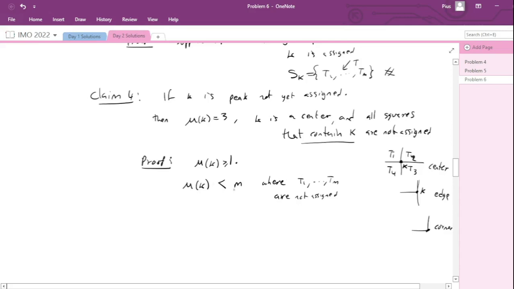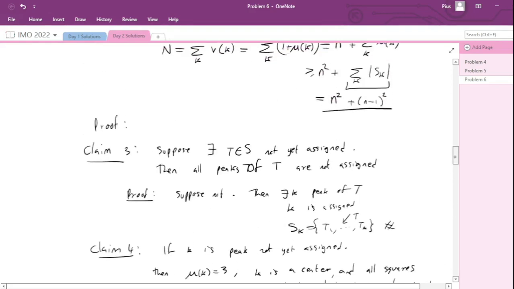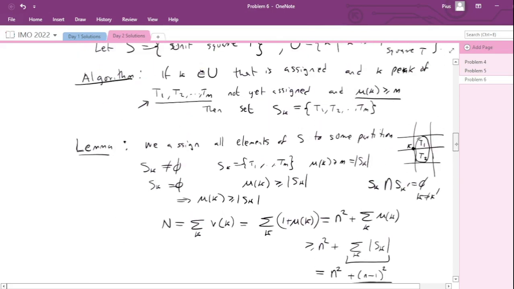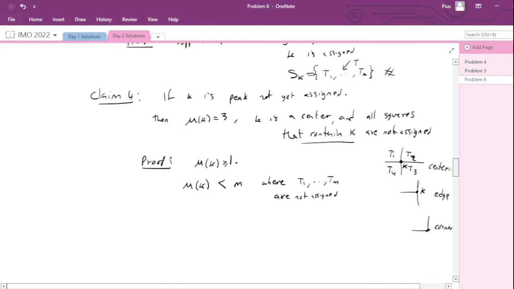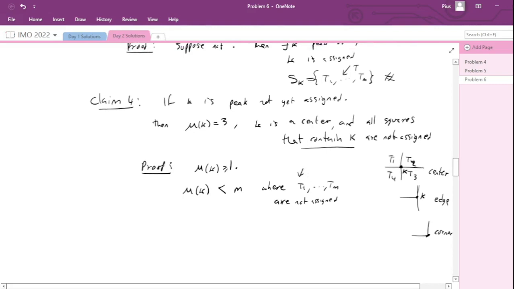Okay, so we must have this inequality. Otherwise, if we have the reverse, then we could continue the algorithm at this particular K and move on. And certainly we have at least one of these, right? Because we said K is a peak, all right?